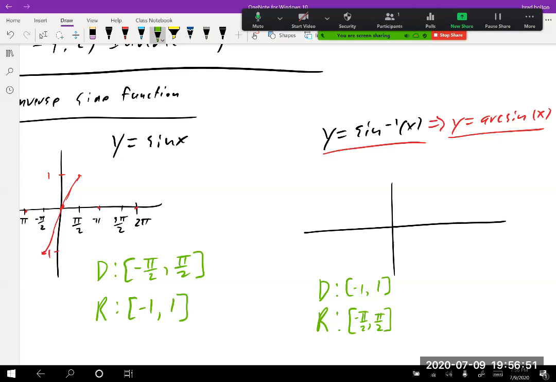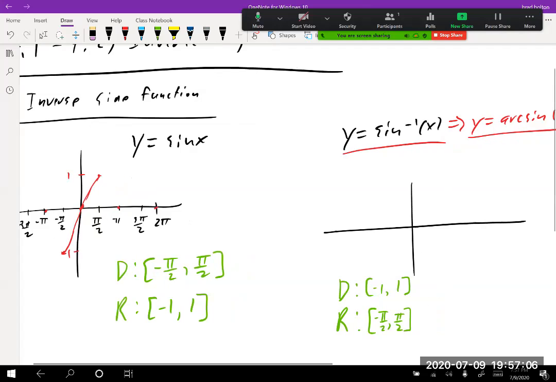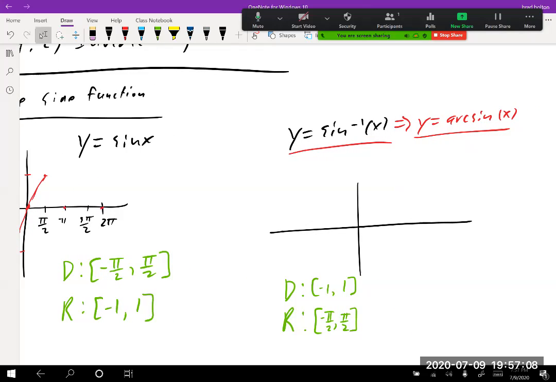And we also need it to be a reflection across the line y equals x. So remember, I was supposed to be able to draw this line right through here. Oops, you guys kind of get it. And then I was supposed to be able to draw a reflection across that, okay? So what we're going to do is have our domain limited from -1 to 1.